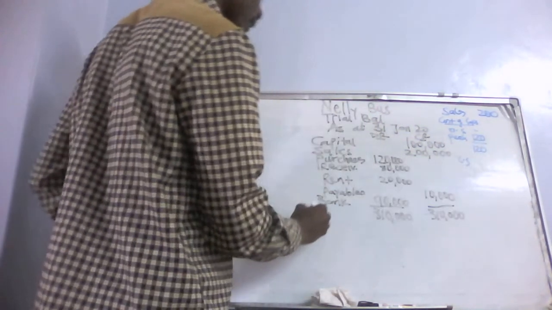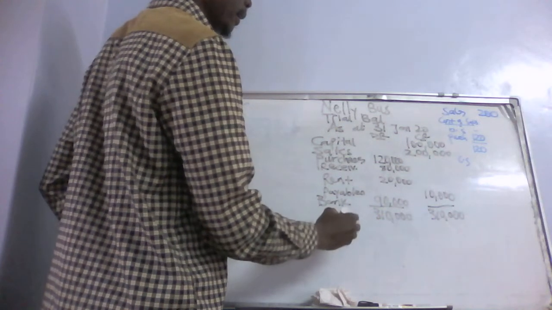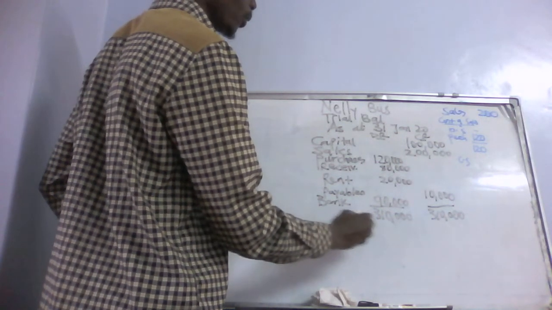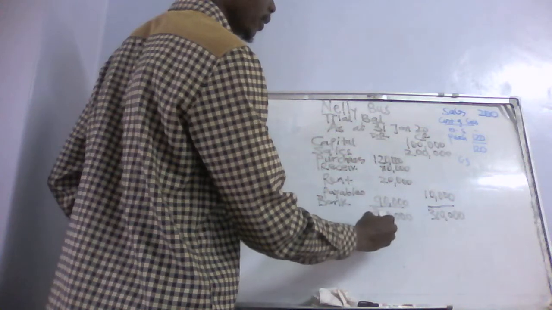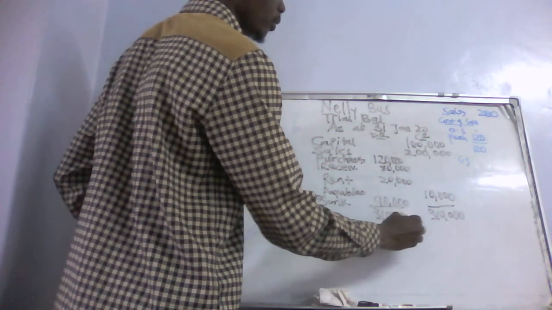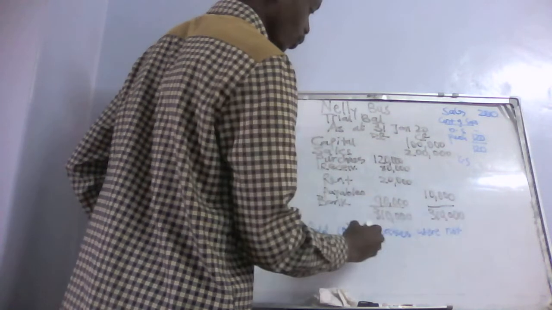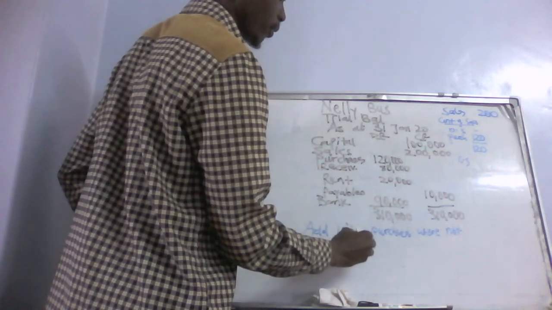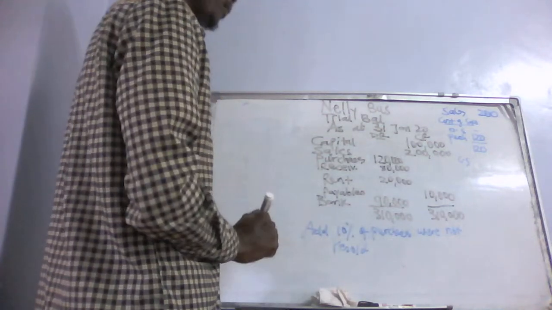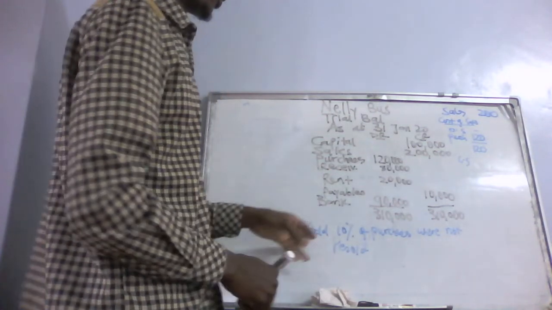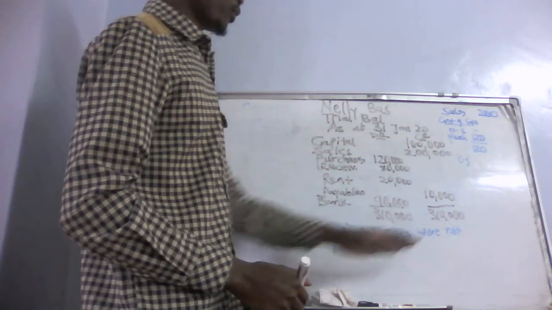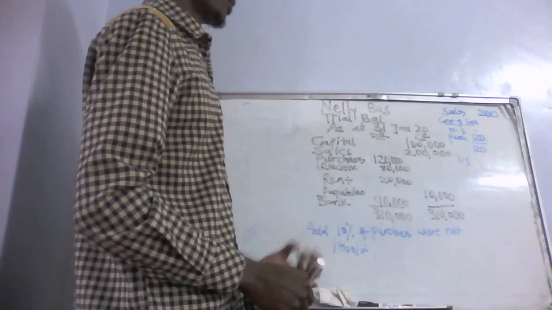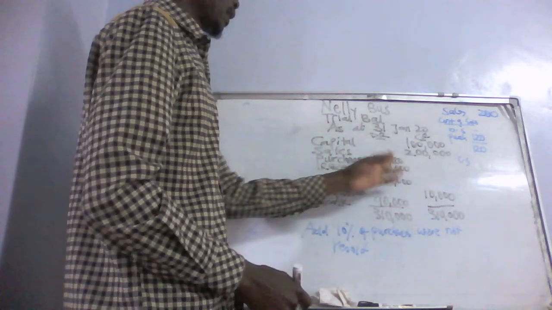So let me say that additional info, 10% of purchases were not resold. Which means they were still in stock. So 10% of purchases is 12,000, because 10% of 120,000 is 12,000. So closing stock is 12,000.